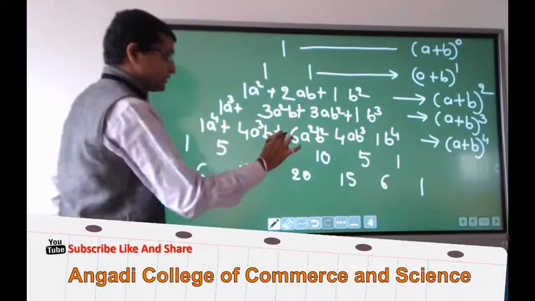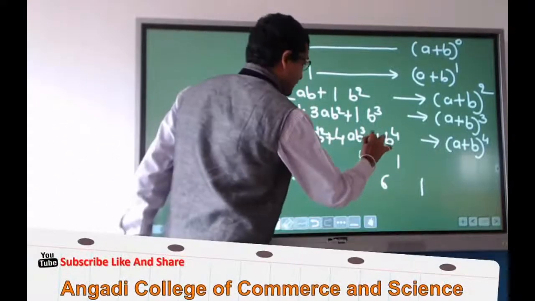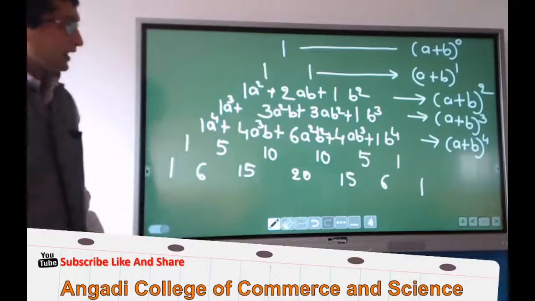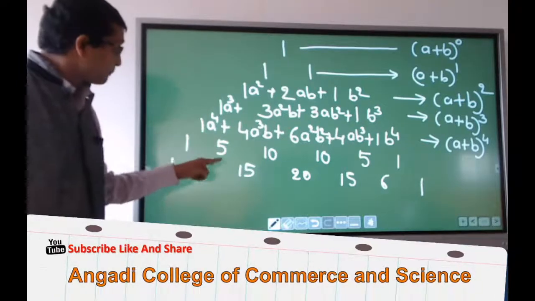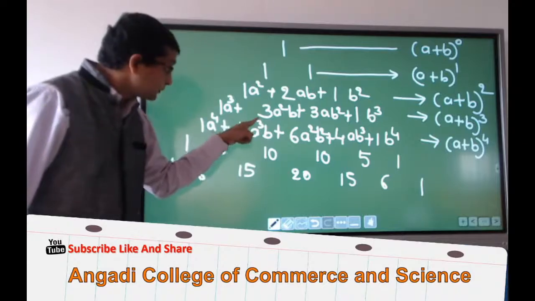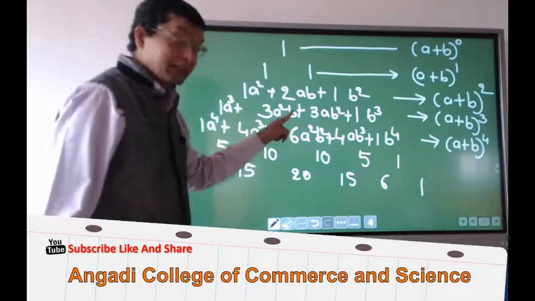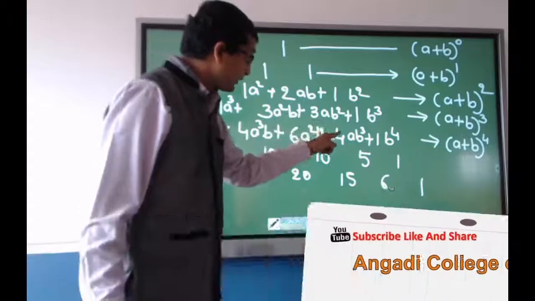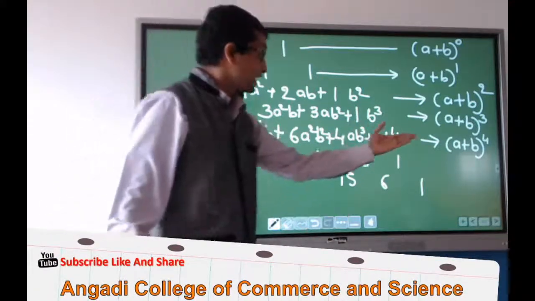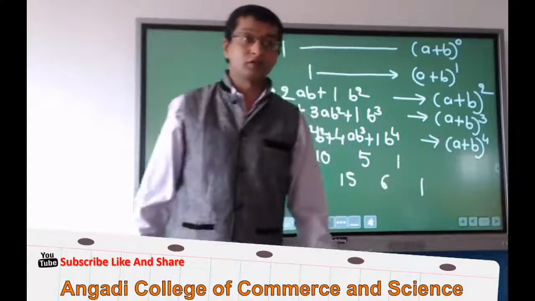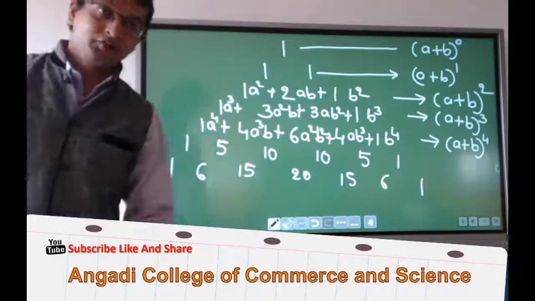So here it is plus, plus and plus. So the expansion of (a plus b) raised to 4 is a raised to 4 plus 4 a cube b plus 6 a square b square plus 4 a b raised to 3 plus b raised to 4. This is the expansion of (a plus b) raised to 4, using the Pascal triangle.